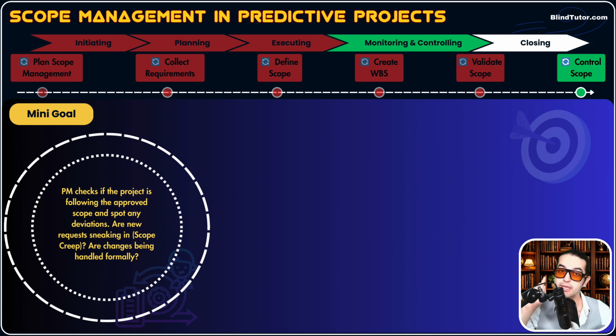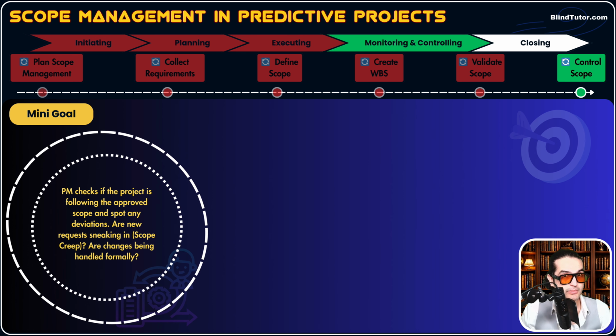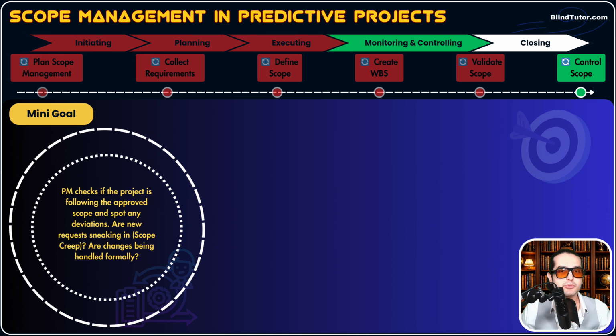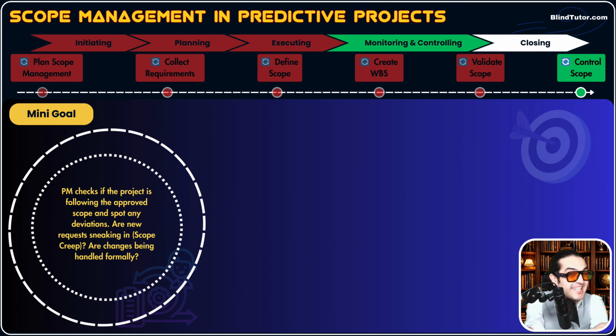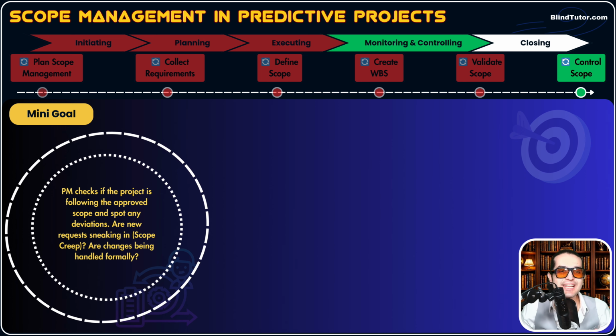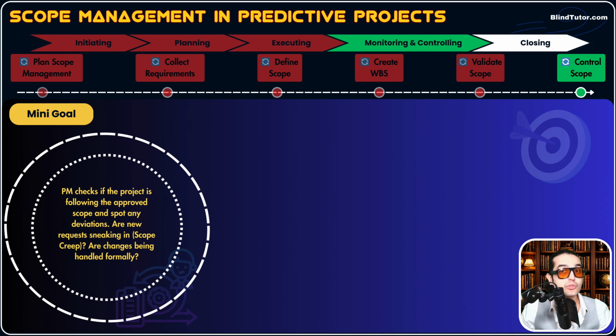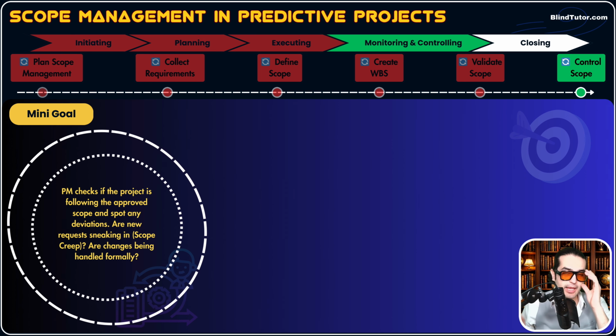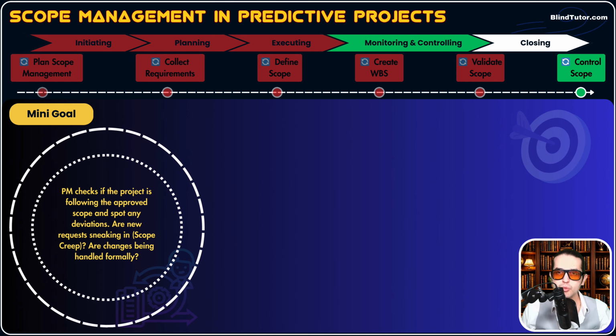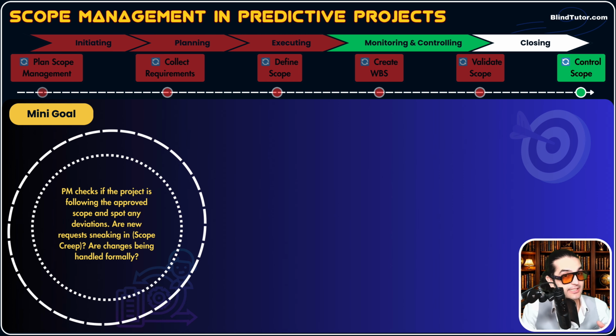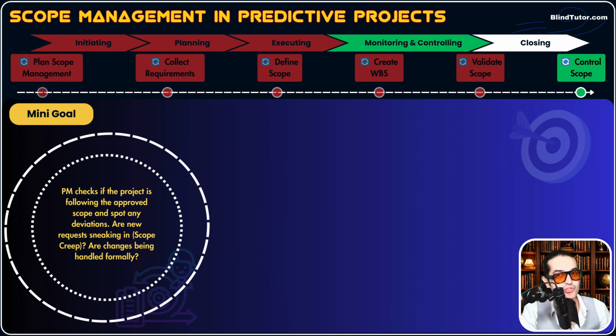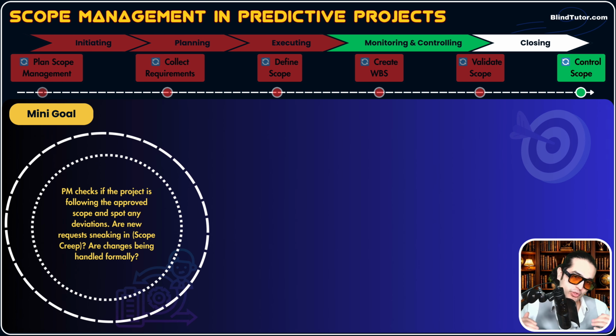Scope creep. Okay, by controlling the scope, by performing this process, you protect your scope. You don't allow unauthorized work, you don't allow scope creep, and also you make sure that any scope related changes are handled in a right way.